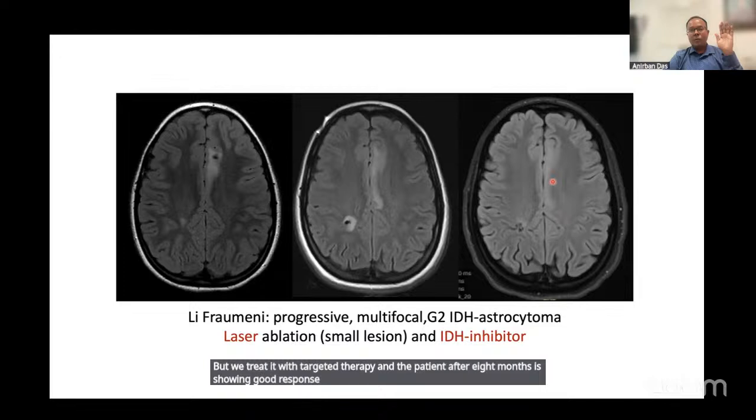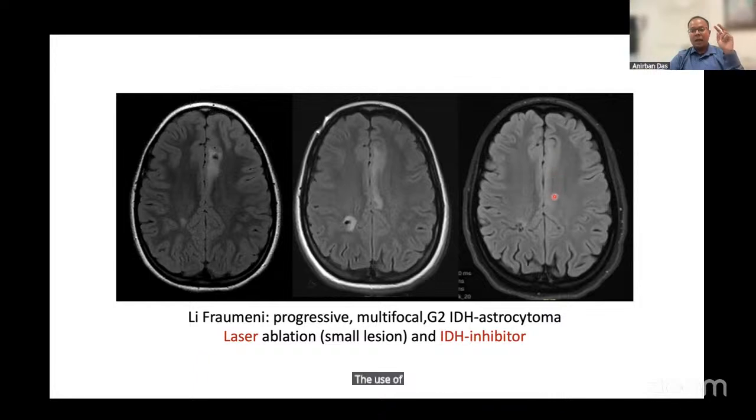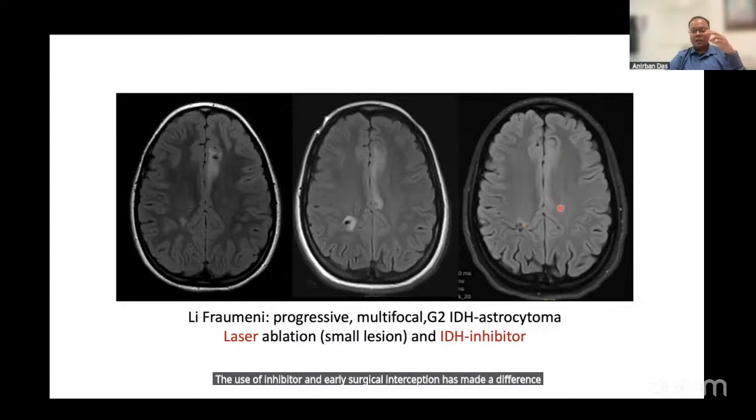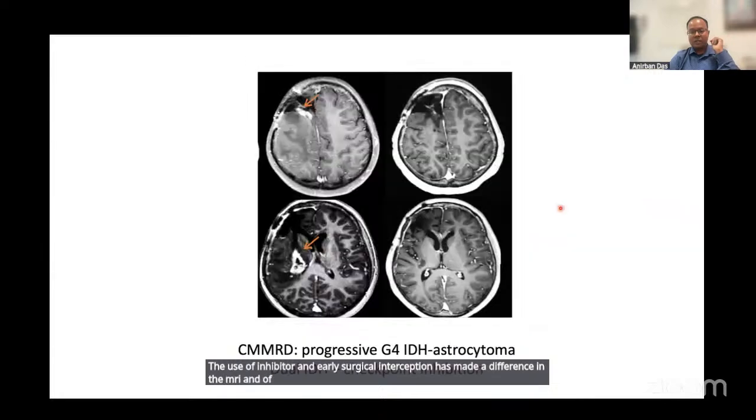And in Li-Fraumeni, we already know that IDH mutant gliomas transform and become malignant very fast. So it's not like decades like in adults, but rather 5 to 10 years. But we already see that in a child like this, the use of inhibitor and early surgical interception has made a difference in the MRI and, of course, the clinical situation of the patient.